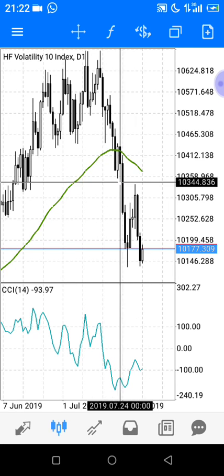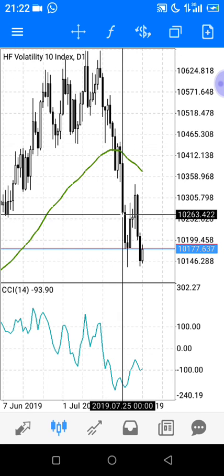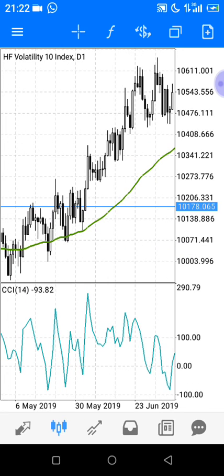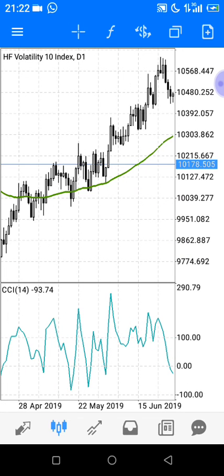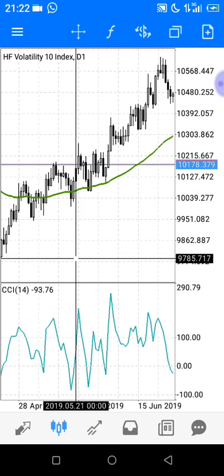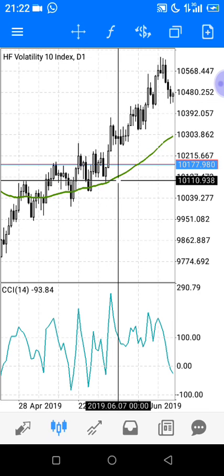This was a stop hunt. But the following day the sell continued and it sold for days. You can also see a good entry here, it closed above, and it bought. At the same time the CCI value was above 100.